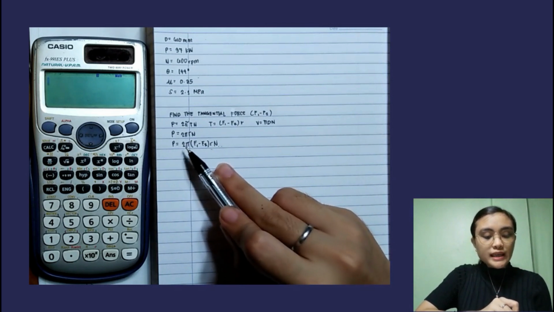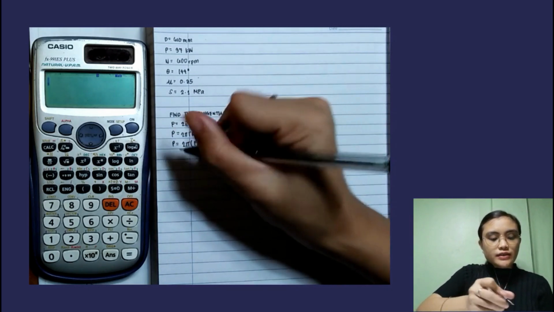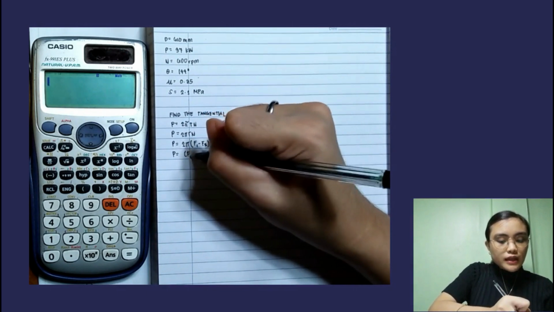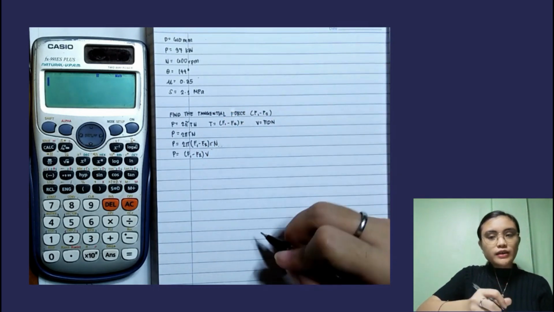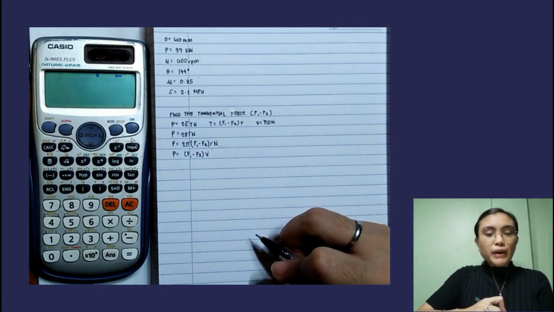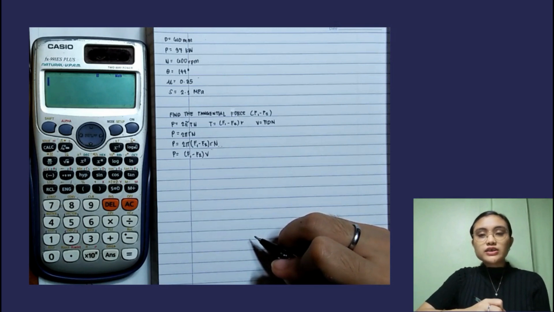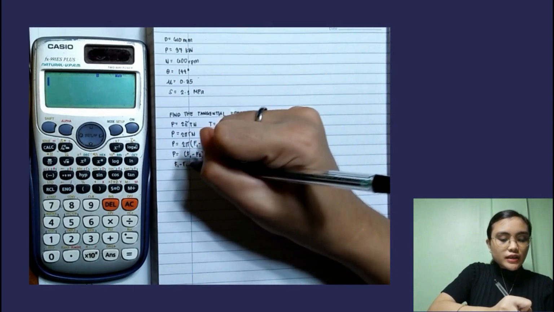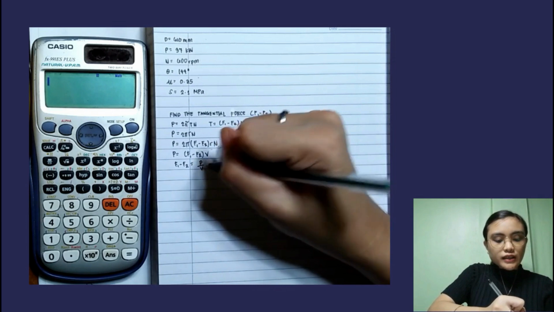So pi, the diameter, and N is just equal to the velocity. So P is equal to F1 minus F2 times V. So power can be equated to force times velocity. So in order to find the tangential force, the tangential force is equal to power over velocity.